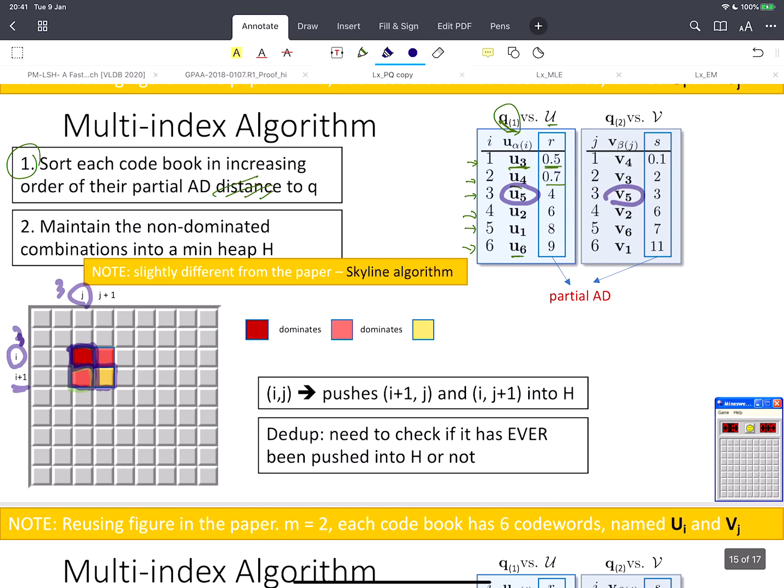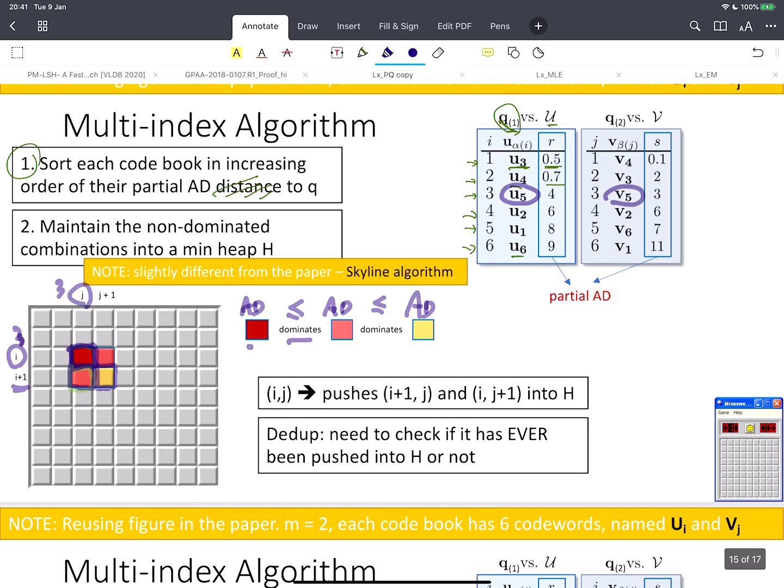Okay, so we actually say that the AD of this red cell dominates the AD of this light red cell, and it's actually dominating the AD of the yellow cell. So basically this AD is smaller or equal to, and smaller or equal to. So that's the dominance relationship.